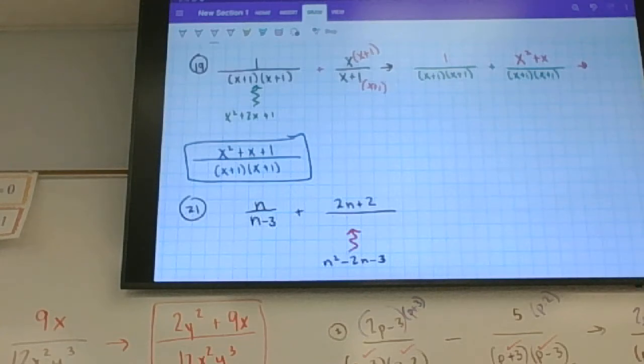We'll multiply to negative 3 and that should be your good. Minus 3 and minus 1, look at all of it in factored form. So our denominator is n minus 3 and n minus 1 side by side.